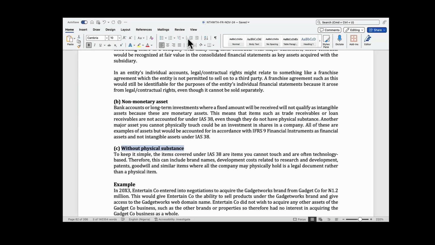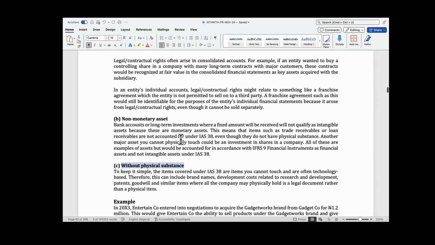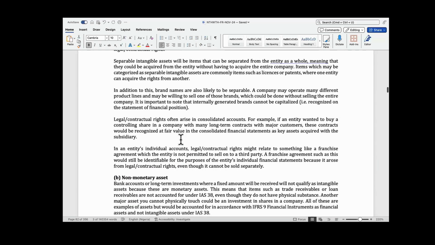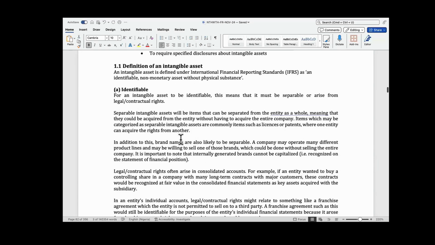Of course, there is key infrastructure for servers that is physical, but a lot of companies mostly use a cloud server. So all of these are assets, but they don't have physical substance. Yes, or software, majorly software. Okay, so that is the definition of an intangible asset.